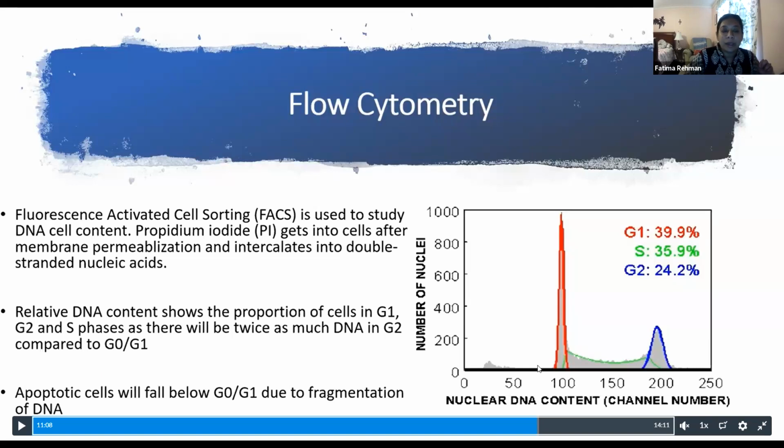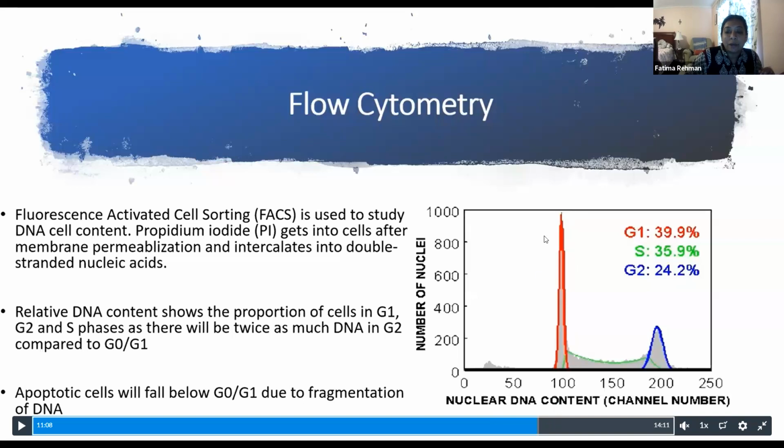What you end up with is a scatter plot with individual dots representing every single cell, and a plot that looks something like this that shows the number of cells at various levels of fluorescence. So using that, we can estimate the number of cells that are in either 2N DNA content or G0, G1 phase or G2M phase.